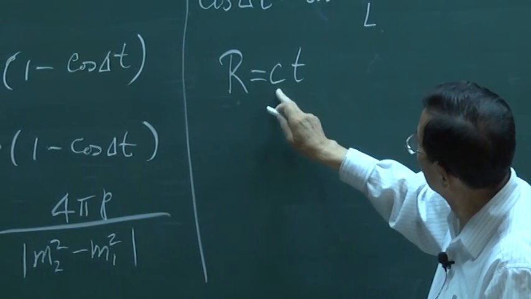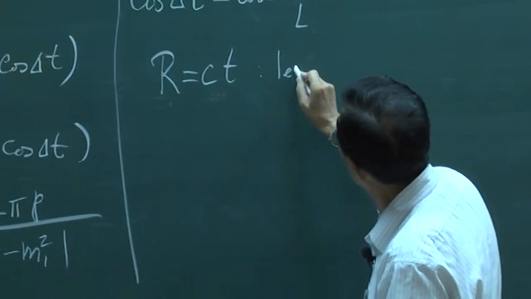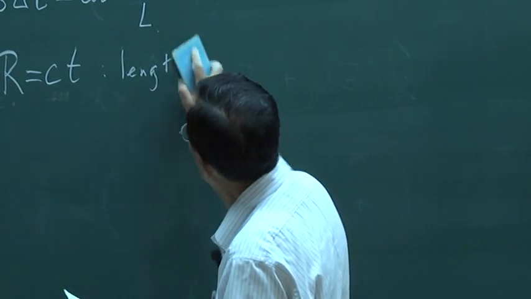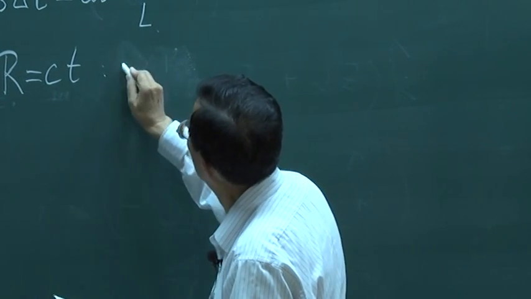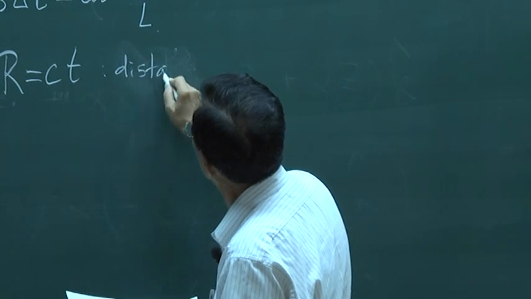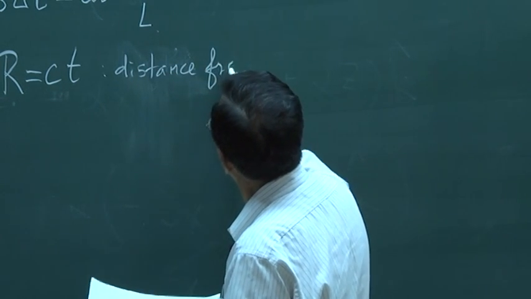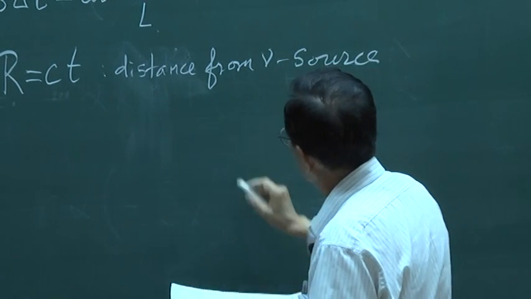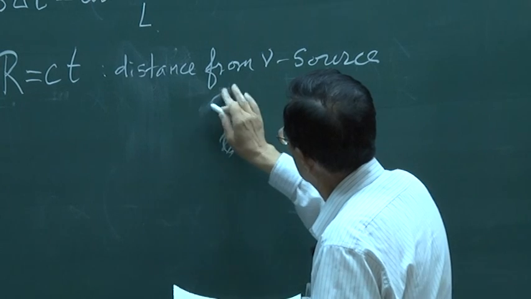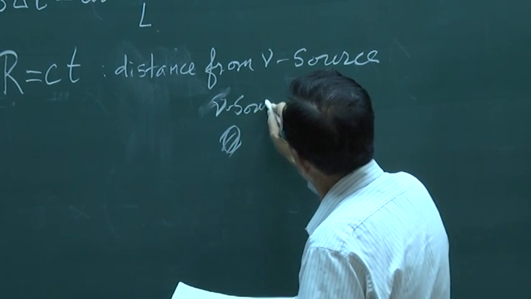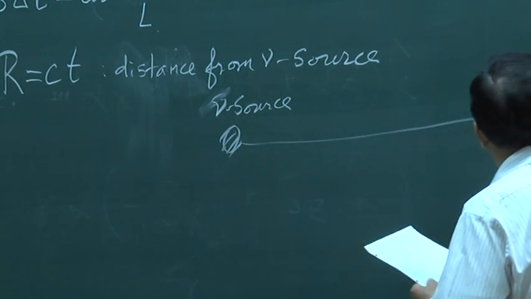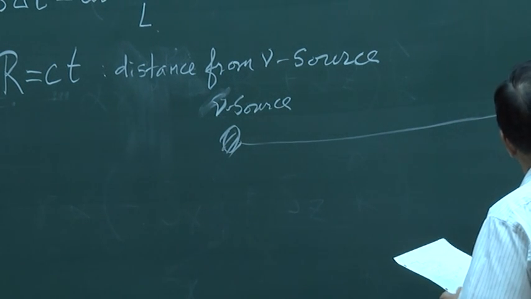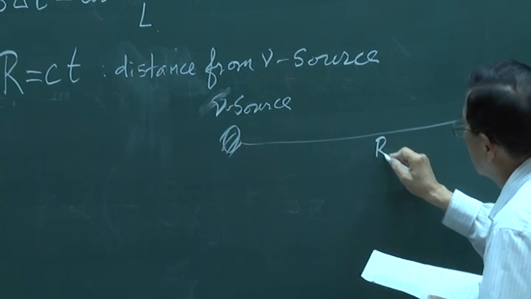If I restore c t, that's the distance from the neutrino source. So you have some neutrino source here, and then somewhere here you put a detector, and this length is R.